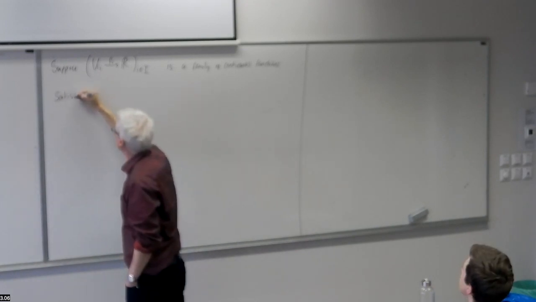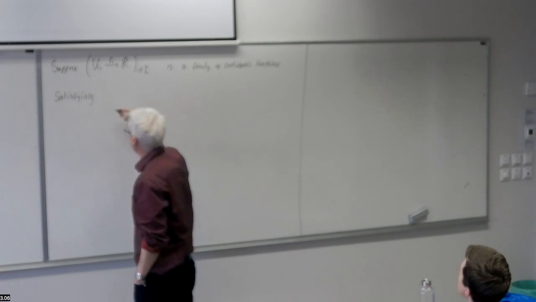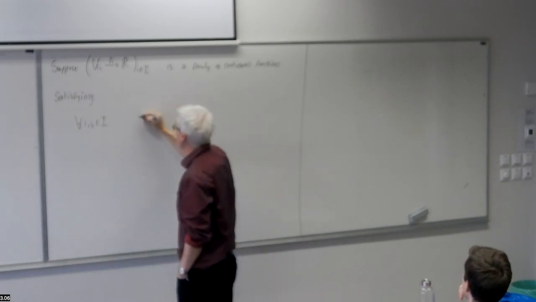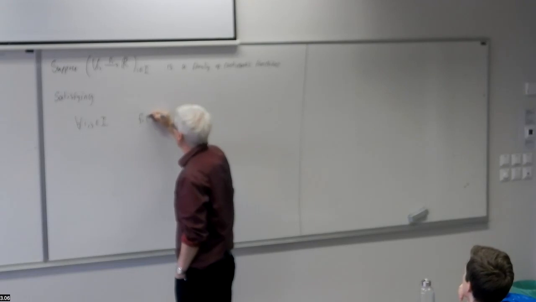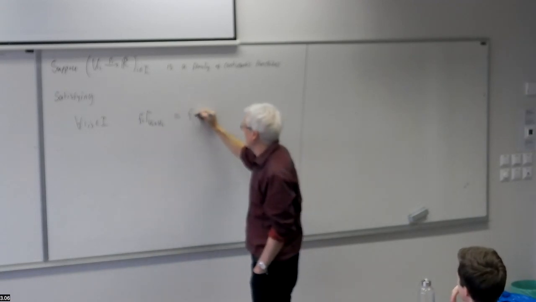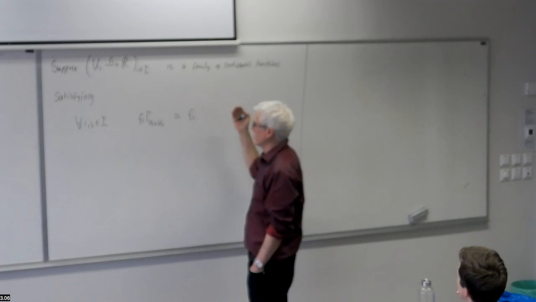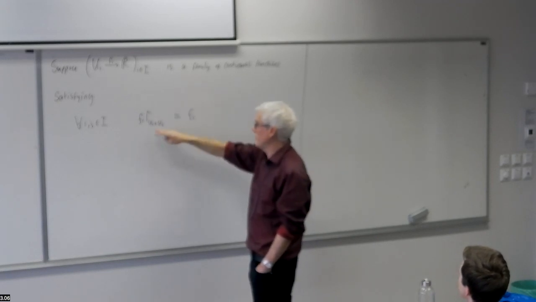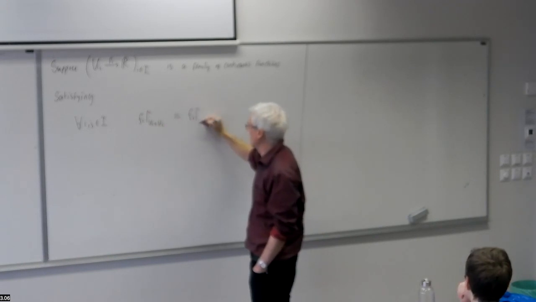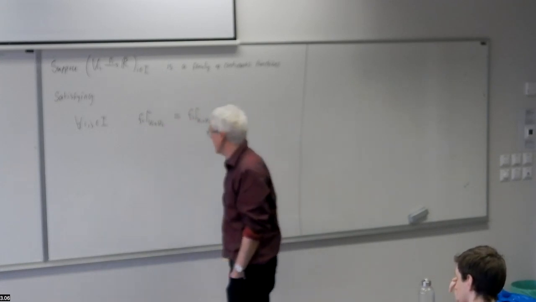Satisfying that for all i and j in the index set, if we restrict f_i to U_i intersect U_j, so if you consider f_i, which is the function from U_i to the reals, and f_j, which is the function from U_j to the reals, we restrict those to the intersection set, then they agree with each other.